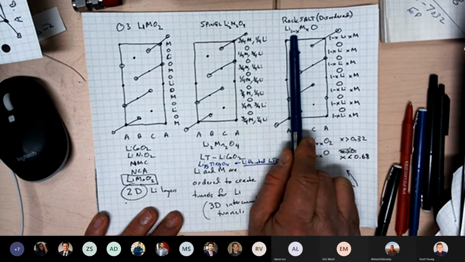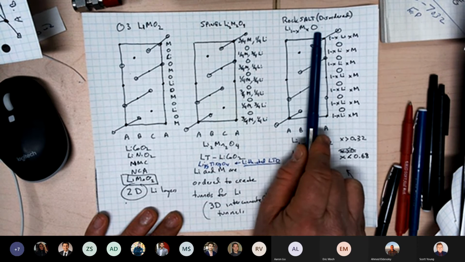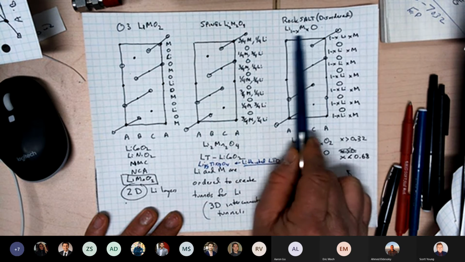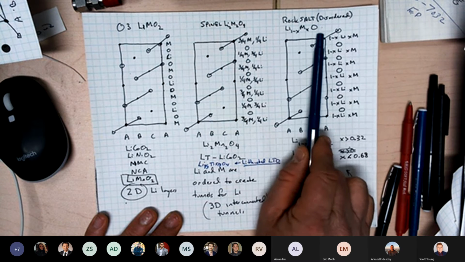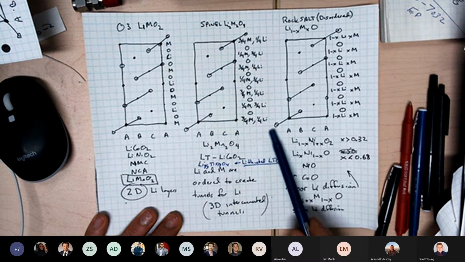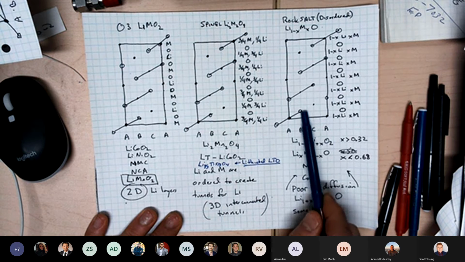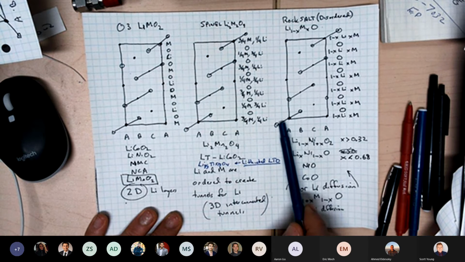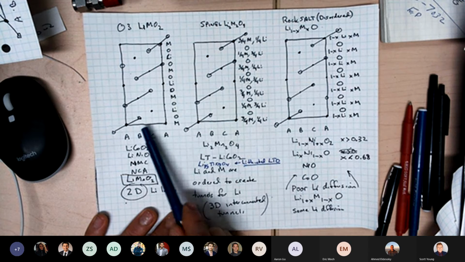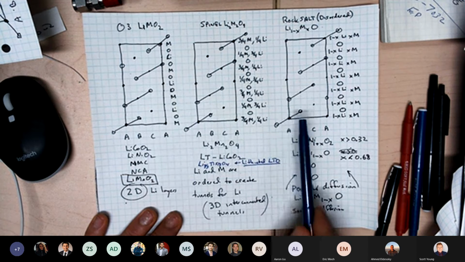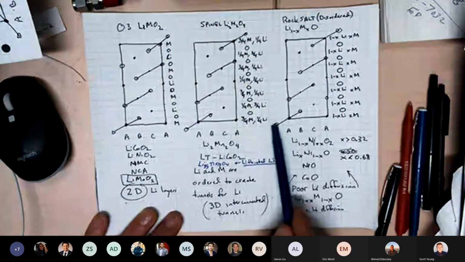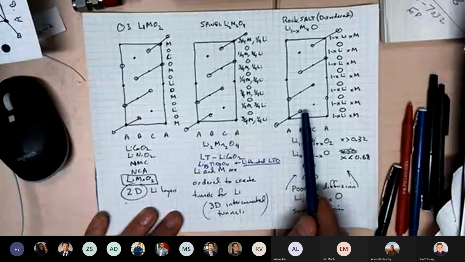So if you take 1 minus x plus x, you get 1. So there's 1 cation per anion. That's what happens in the rock salt structure, 1 cation per anion. But if you look at the way the oxygens are arranged, they're exactly the same as in the layered structure, the spinel structure, and the rock salt structure. They're identical. The oxygens are identical.